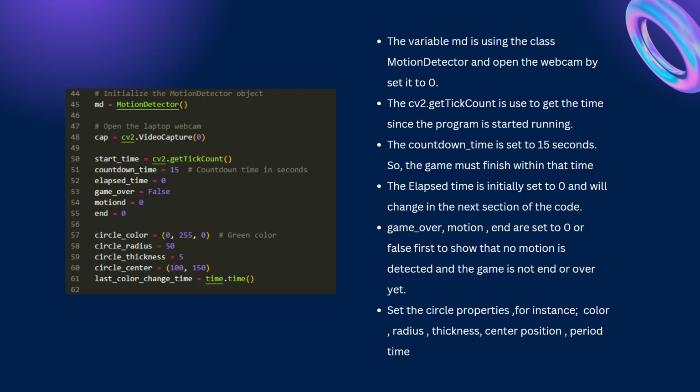The elapsed time is initially set to 0 and will change in the next section of the code. Game over, motion, and end are set to 0 or false, to show that no motion is detected and the game has not ended or is not over yet. We set the circle properties, for instance, the color, the radius, the thickness, position, and period time.